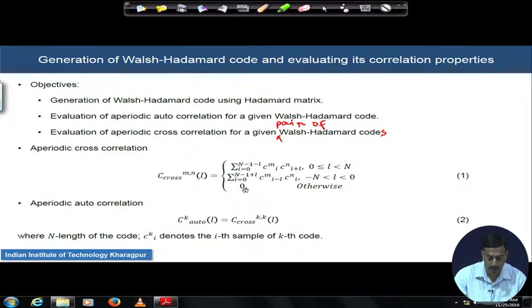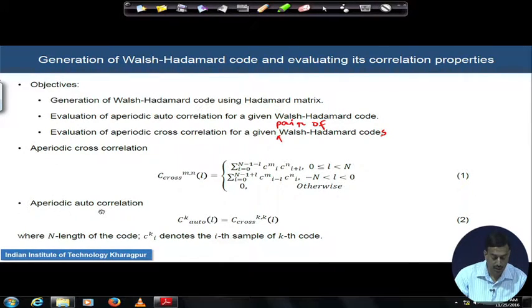The value outside this range is equal to 0, which is essentially the meaning of aperiodic cross correlation. We are going to test the property. The codes do not repeat themselves, just that once the overlap between the codes is over, then the value of the corresponding correlation term turns out to be 0. So that is the significance of the correlation being aperiodic.